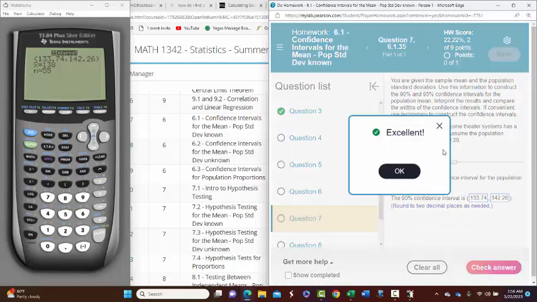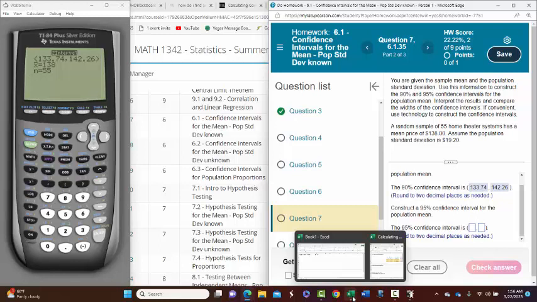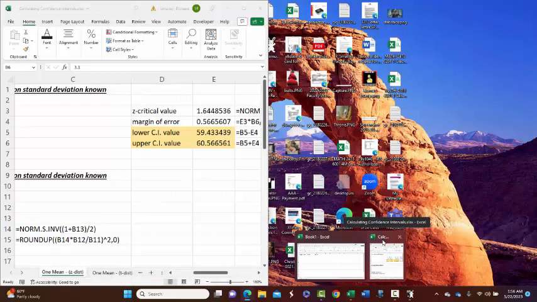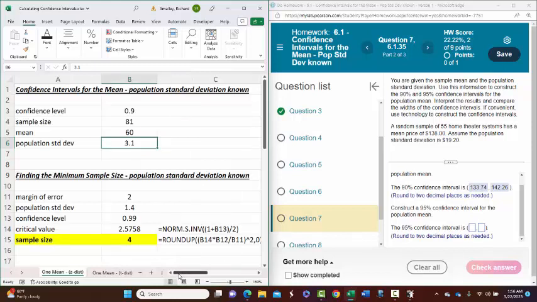We're too cool. But before we move on, let's put this in Excel. I could have done either one of them first, because obviously if I do one of them, I'm going to verify it with the other method. So I could have done Excel first, then calculator. All right, it's already split screen for me. That's good. 0.9 is already there.